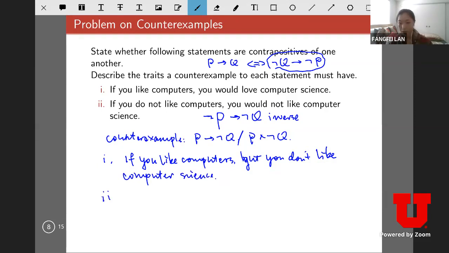All right, what about the second one? If you do not like computers, you would not like computer science. Someone just typed in the chat as well. Anyone else?